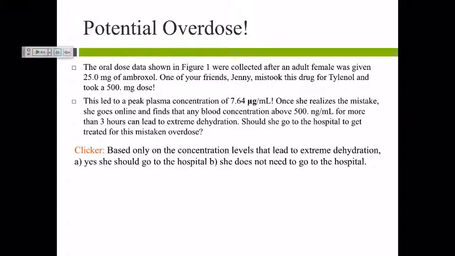Where's your initial concentration? And then the question is, is it above this threshold? Are you trying to say that this time is between here and here? So we just estimate it.